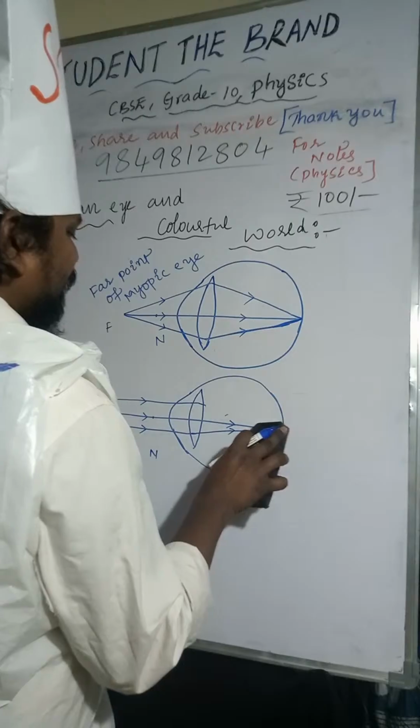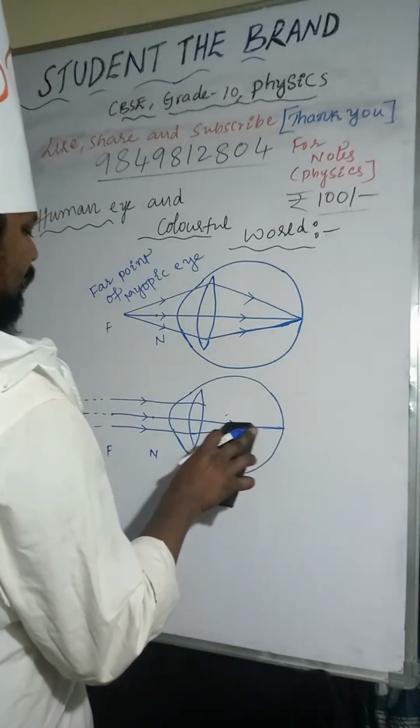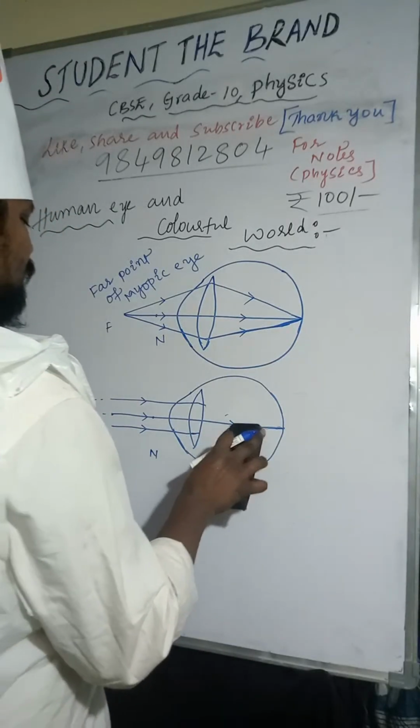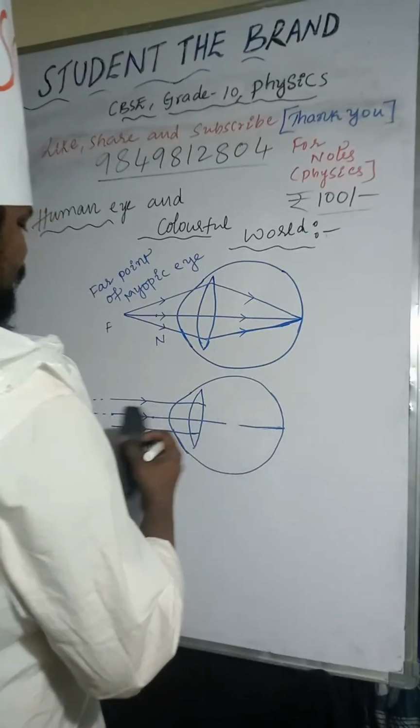If they meet, we are able to see, but those light rays are not meeting at the retina. They are meeting in front of the retina.